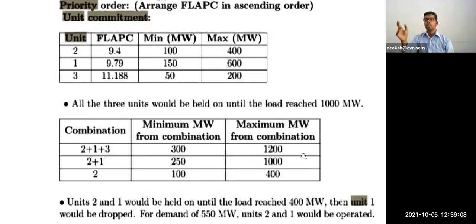There will also be some transmission losses, perhaps around 15%, so a 20 or 30 megawatt deficit will come. For 550 megawatt, with only 400 megawatt, there is a 150 megawatt deficit.